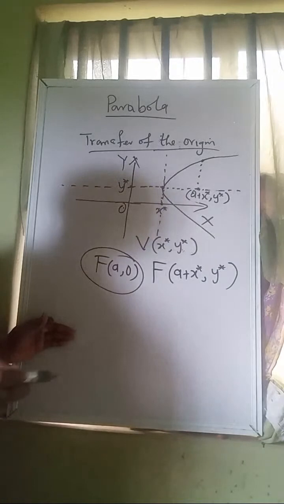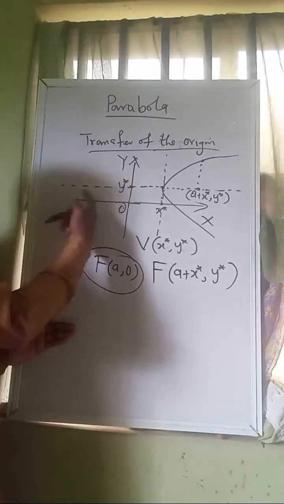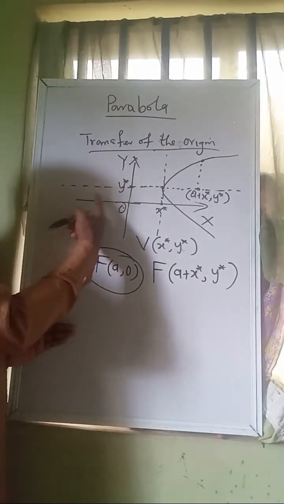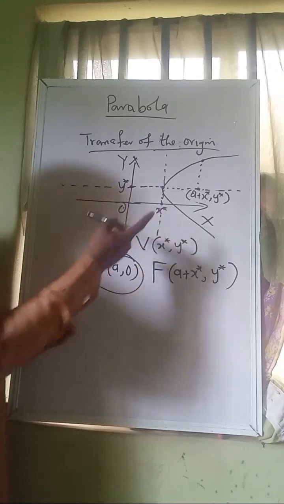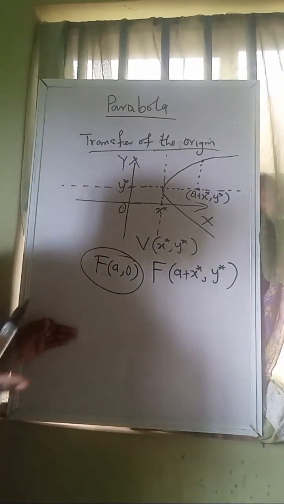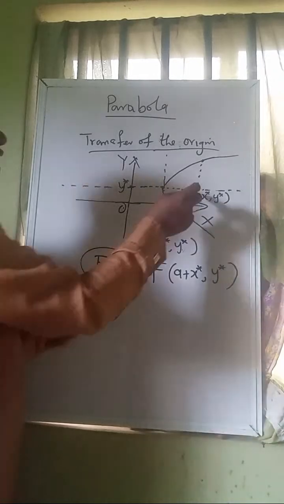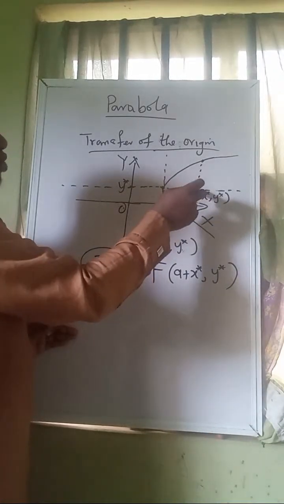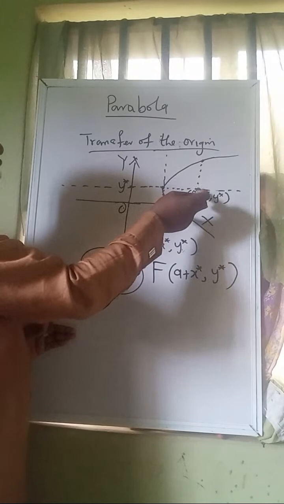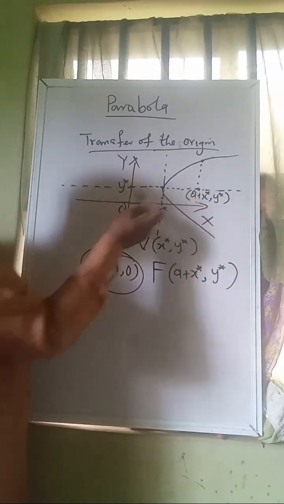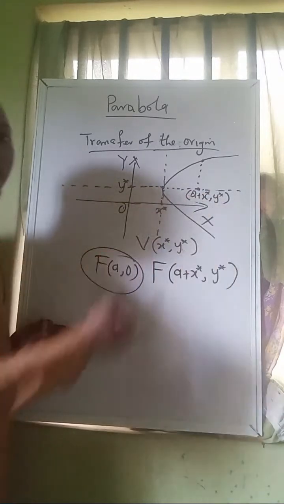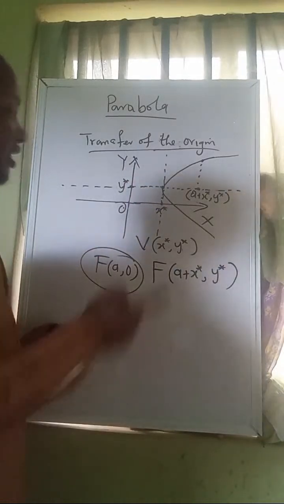Similarly, the line of the directrix will also be affected at this side. It will be a line which is symmetric to this, somewhere here, as the case may be, depending on the choice of A and this point.